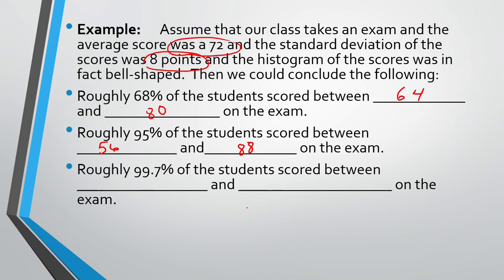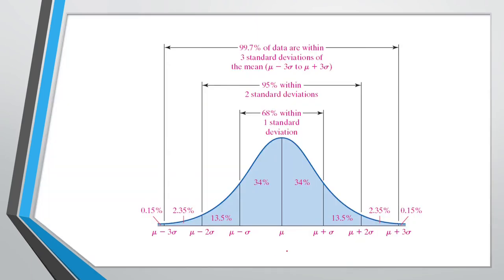For the last part, we want to find roughly 99.7% of students score between what and what on the exam. And we'll go back to the picture for the normal distribution again. Remember, the middle is always going to be our mean for a perfectly bell-shaped figure, and the mean was 72. One standard deviation was 8.